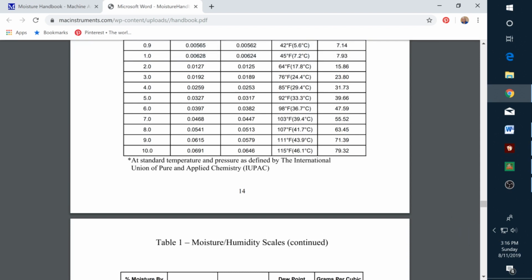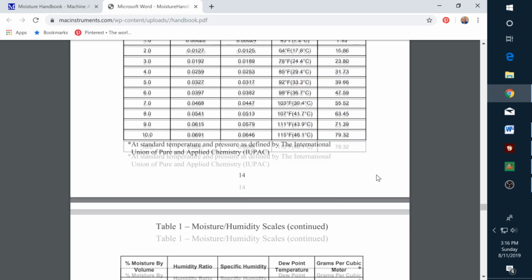So there's quite a lot of information embedded in this table that you can look at in various ways. And a lot of this is explained in the text of the handbook itself.